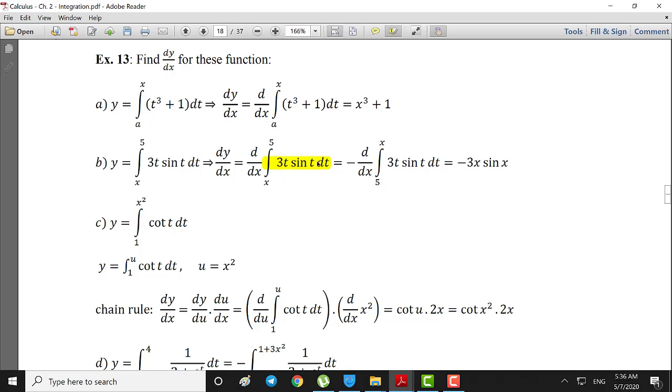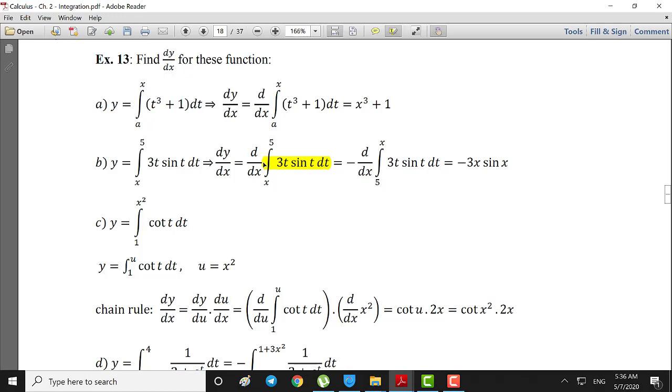Now, the change that we need to make is a very simple one, and it is just to reverse these limits of integration. And according to the properties of the definite integral, we know that we can do that if we add a negative sign to the integral.